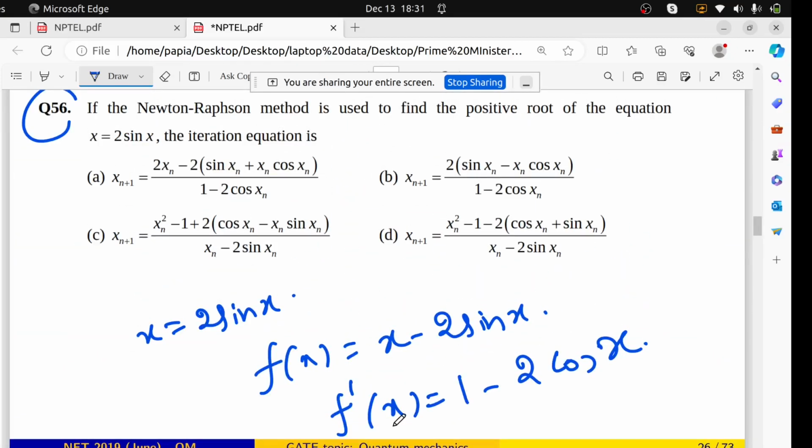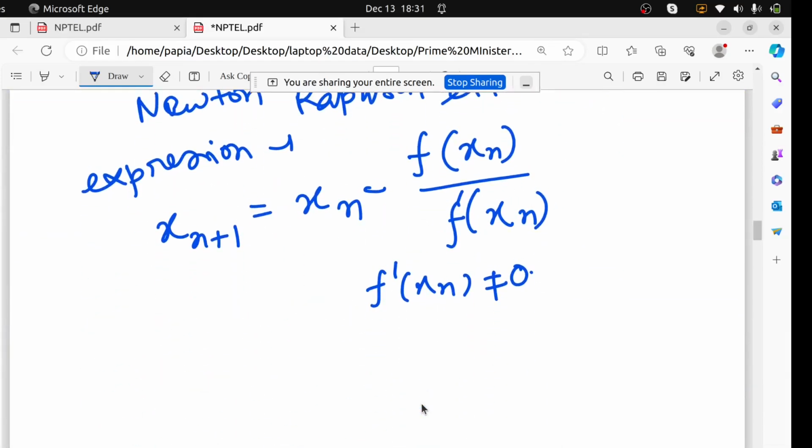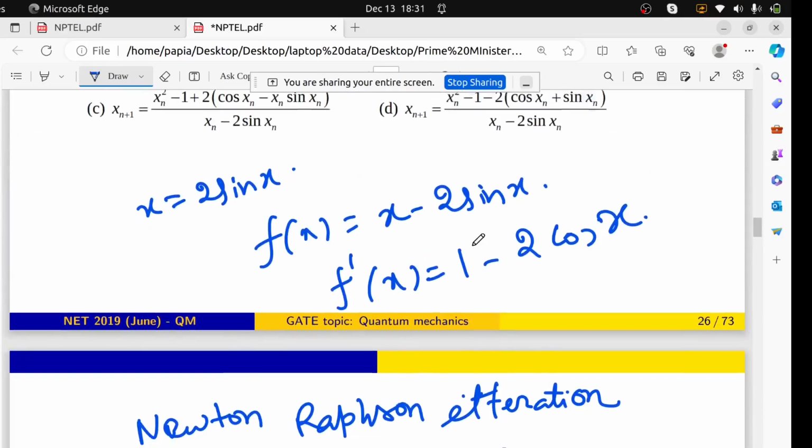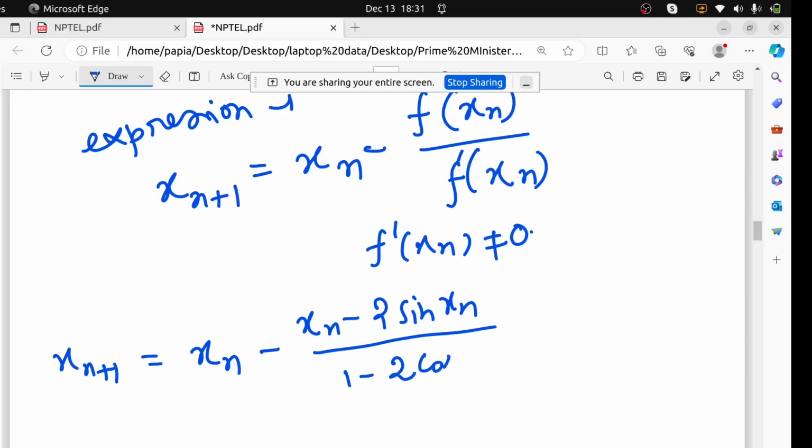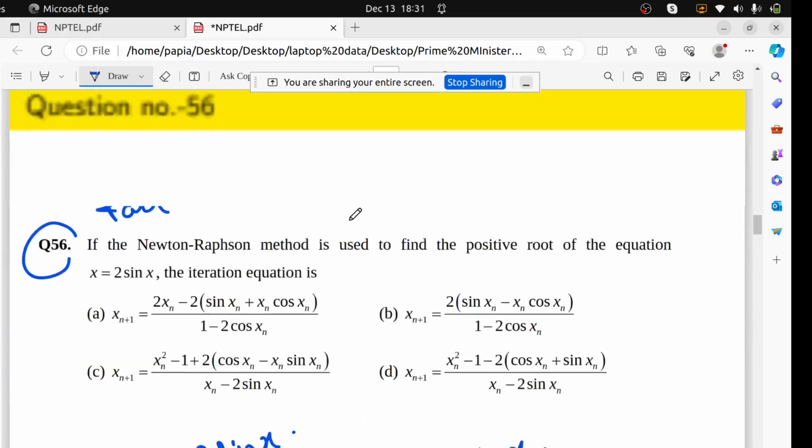So you can see that f prime of x n is not equal to 0 here. So now simply we have to write the values: x n minus, what is f(x)? f(x) is x minus 2 sin x. So x n minus 2 sin x n divided by 1 minus 2 cos x n. This is the iteration expression for this question.